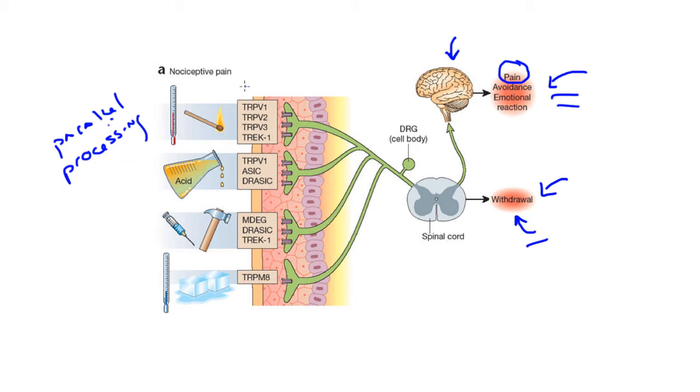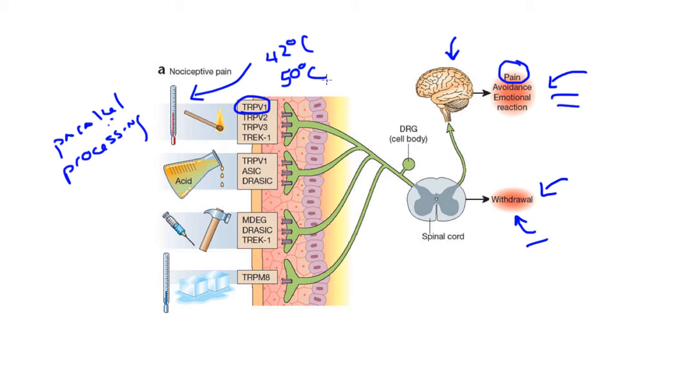You have fundamentally distinct types of protein complexes in the plasma membrane of nociceptors that allow you to detect thermal energy. We've talked about TRPV1, which opens at 42 degrees centigrade. I'm going to tell you TRPV2 opens at 50 degrees centigrade.